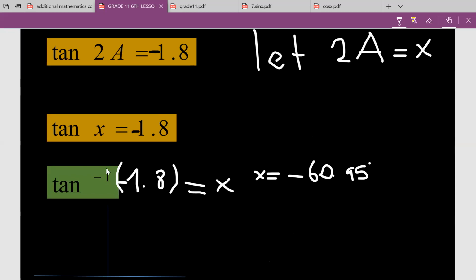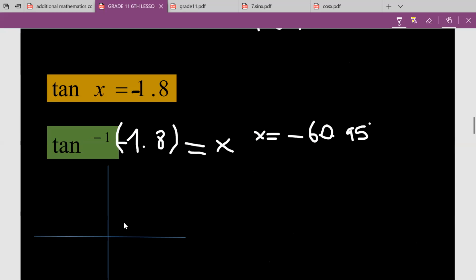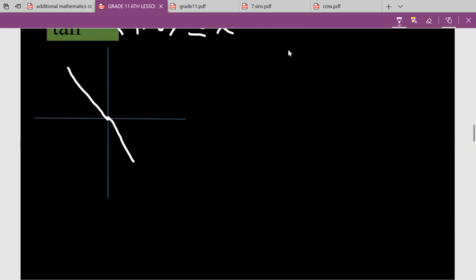Before that, let's find tan values for the quadrant rule. In which quadrants do we have tan values negative? In the second quadrant and fourth quadrant, isn't it? In the second quadrant and fourth quadrant.